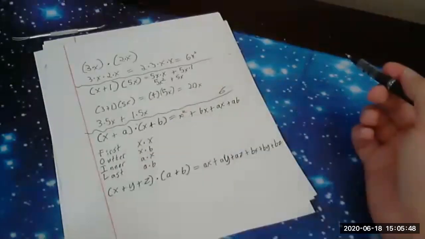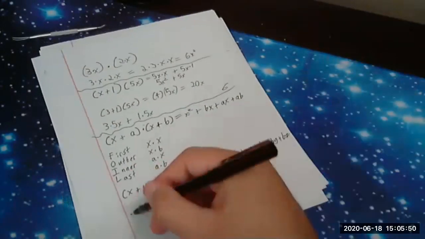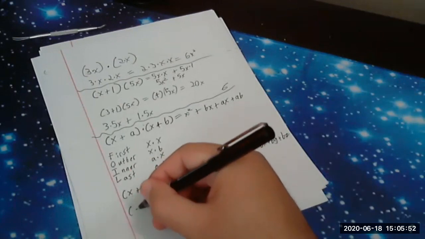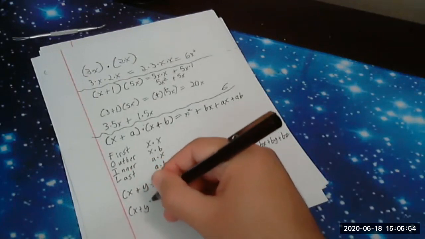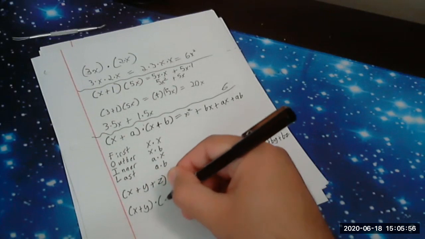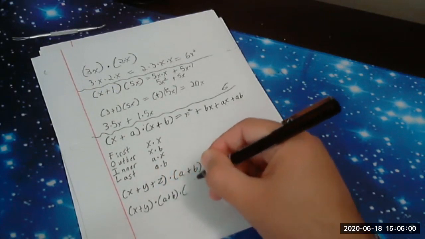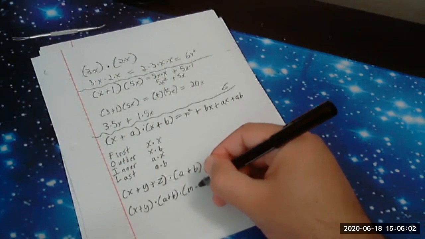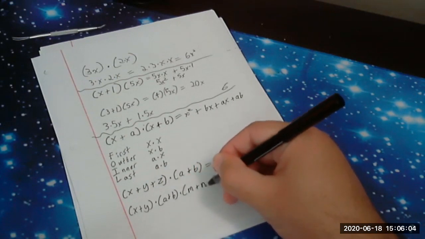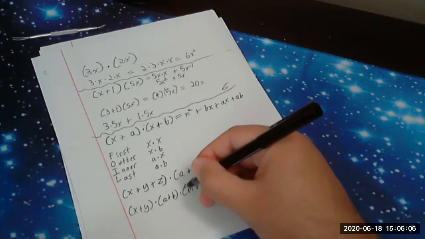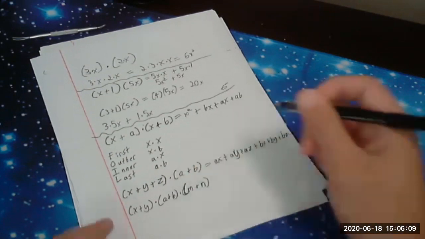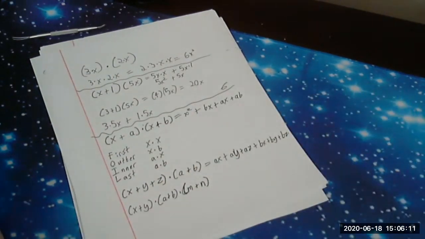What happens when you get X plus Y times A plus B times, let's say, M plus N? So this shows even more where the FOIL method really falls apart.